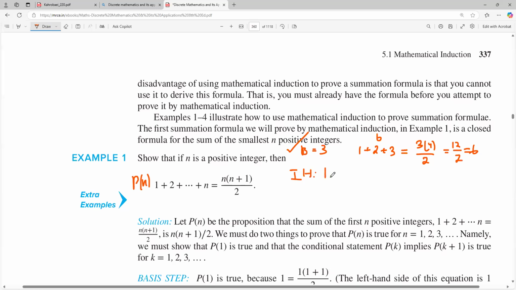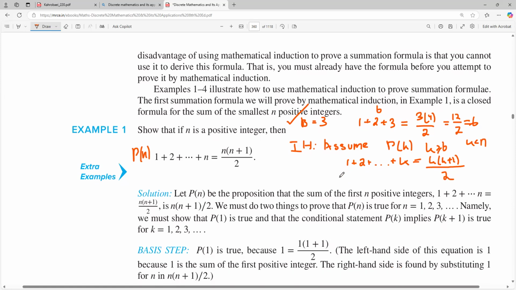So we assume that P of K is true for some K value greater than or equal to B, i.e. 1 plus 2 plus dot dot dot plus K is equal to K times (K plus 1) over 2.